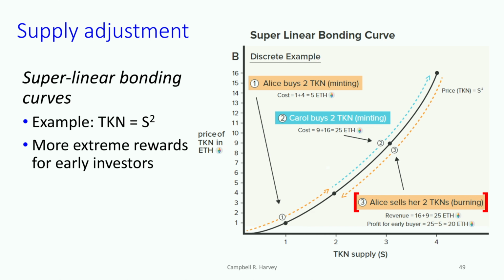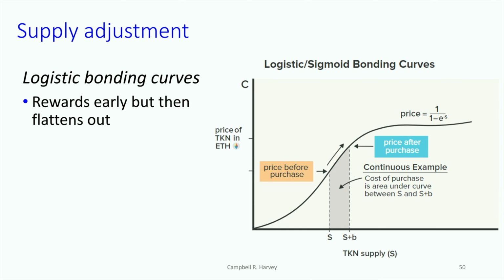So the profit for the early buyer, Alice, is that revenue from selling, which is 25, minus the initial cost, which is 5. So the total profit is 20. Of course, I've shown you 2 really simple examples, and this is a much more general idea.